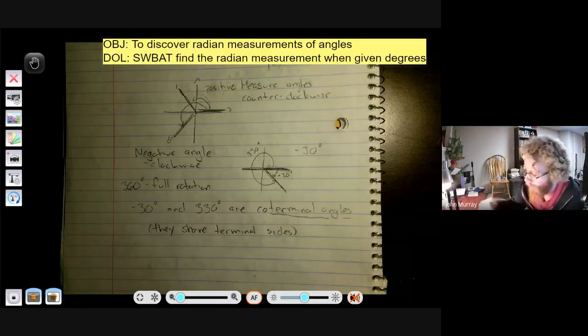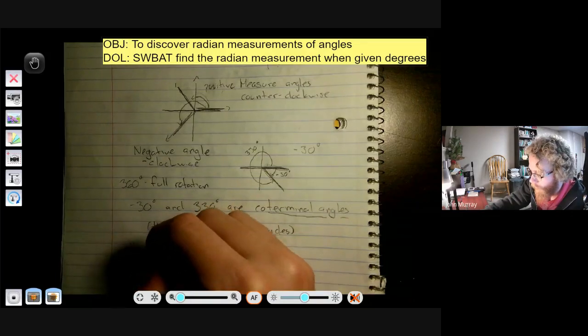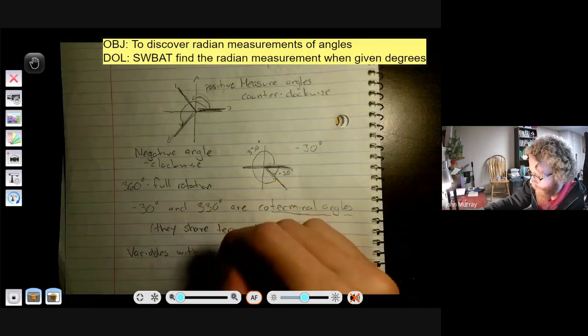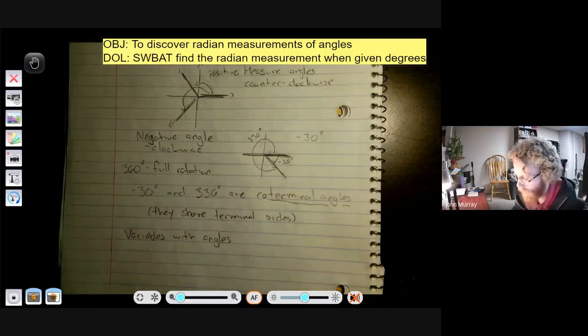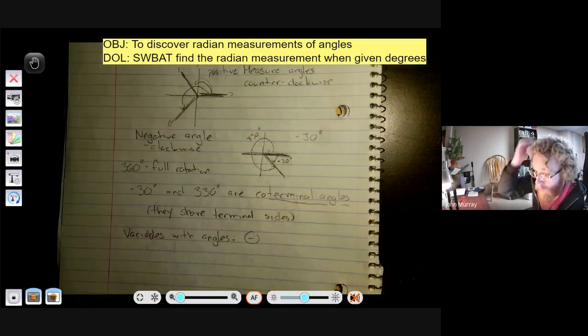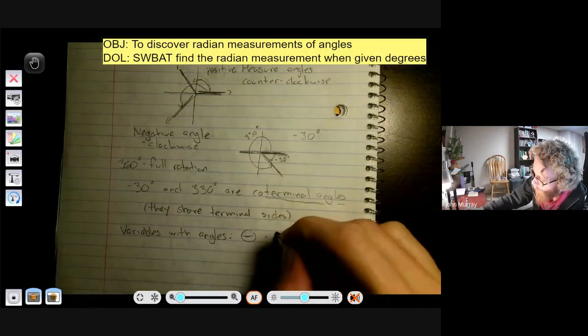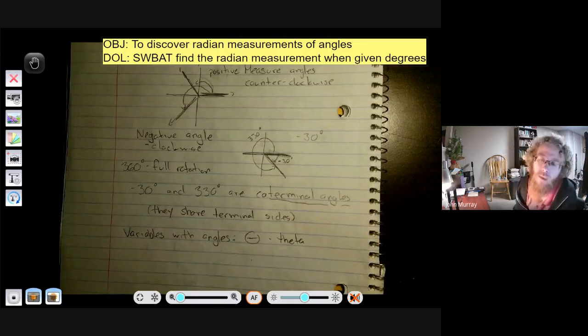Some names. Some variables. I'm not sure how much you got into it in algebra and geometry. You might have seen it in geometry. One common symbol that we use is the Greek letter theta.